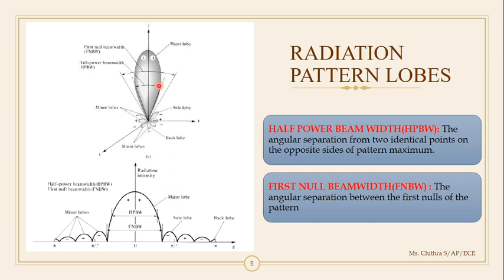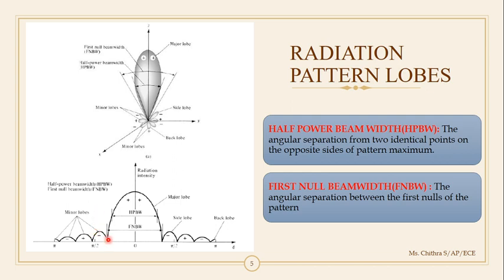The next terminology that is present here is the first null beam width. So first null beam width means, null means it is 0. Now start from your origin. This I am saying with reference to the second diagram. When we start from the origin and we try to draw two tangents, one at this side of the major lobe and the other at the other side of the major lobe, when we draw two tangents, it will cut the first 0 point.